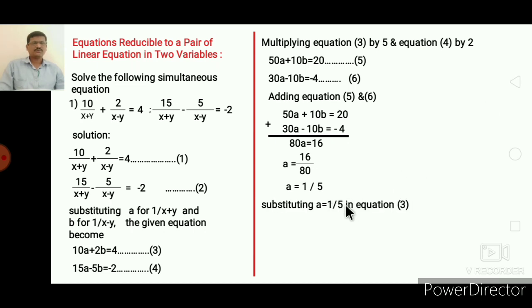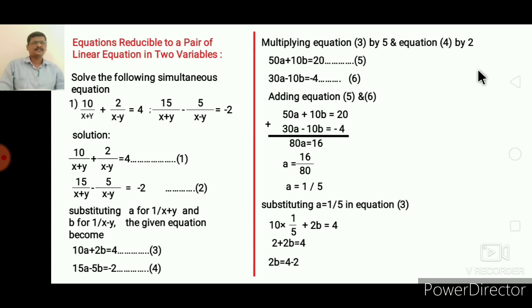Substituting a is equal to 1 upon 5 in equation 3, we get 10 into 1 upon 5 plus 2b is equal to 4. 5 ones are 5, 5 twos are 10. Therefore, 2 plus 2b is equal to 4.